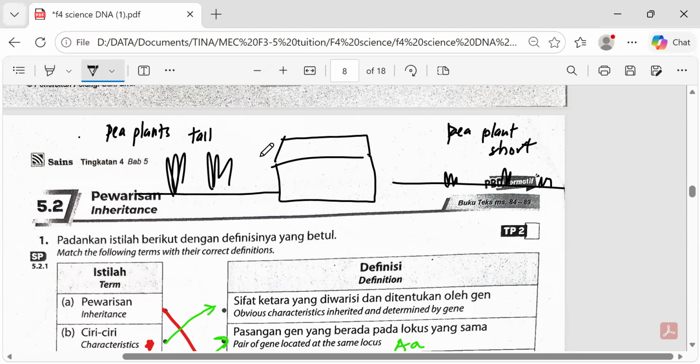One day he decided to take the pollen from this one and mix it with the flower of this one. So he thought, when people marry, a tall man and a short woman, sometimes their children are quite tall, sometimes quite short, sometimes medium. So he thought, if I mix the tall pea plants and the short pea plants, maybe the baby will come out medium.